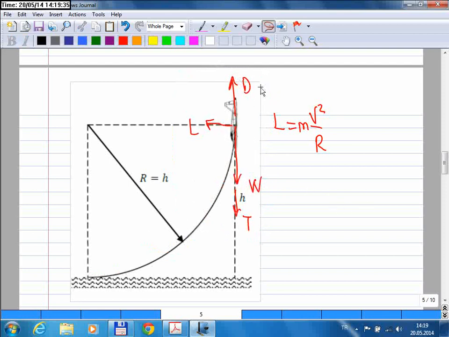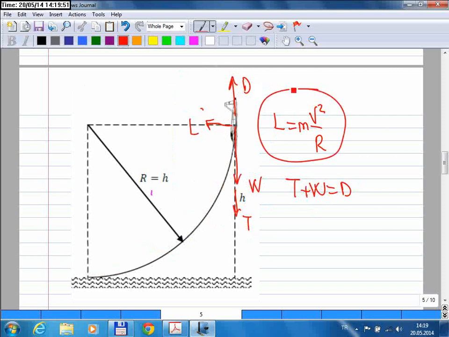So in the vertical direction you have these forces. Thrust plus weight is equal to the drag. So this is one equation. And the second equation is this one. Lift force should be creating this turning acceleration. And to solve this question, this is the equation you use.